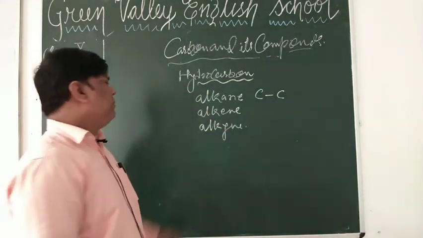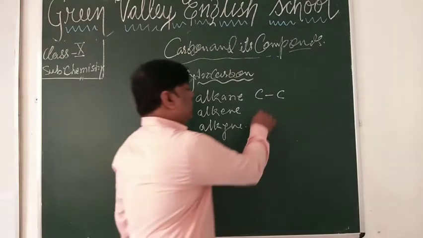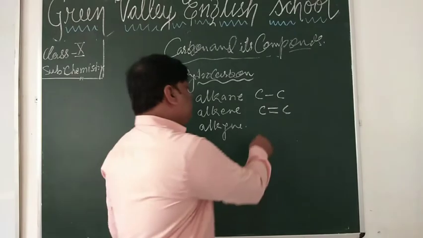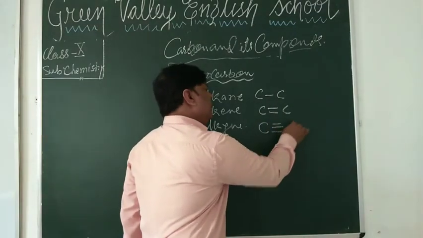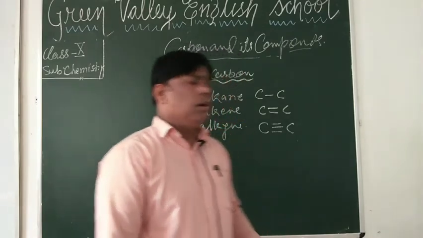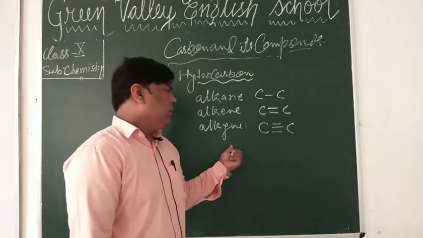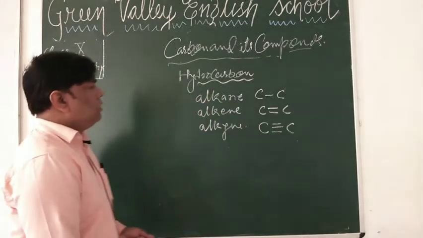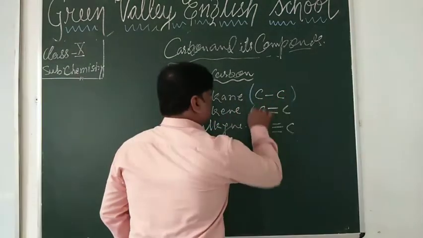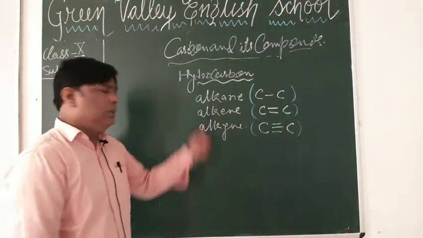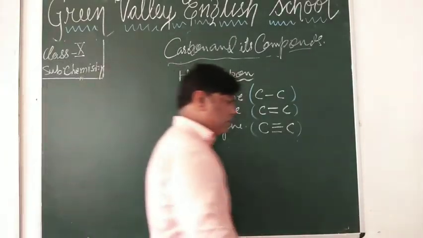In case of alkene, there is double bond. In case of alkyne, there is triple bond between carbon and carbon. So carbon compounds contain which type of bond? Covalent bond. So now we will discuss in detail about these type of bondings.